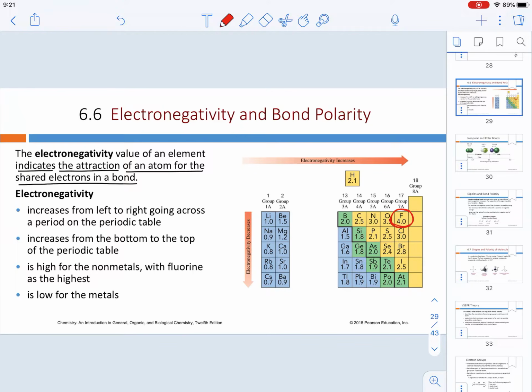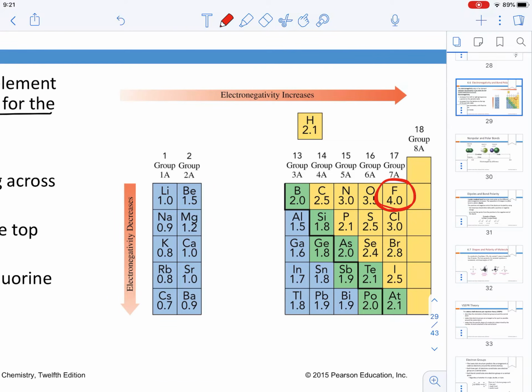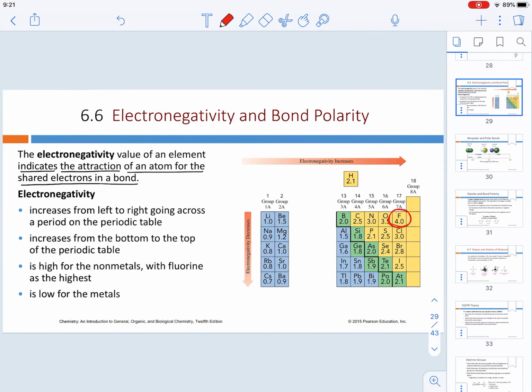Now, understand that the trend in the periodic table is that electronegativity increases as we move across the period from left to right, and it decreases as we move down within a group. Understand that these values, you guys don't need to memorize them.